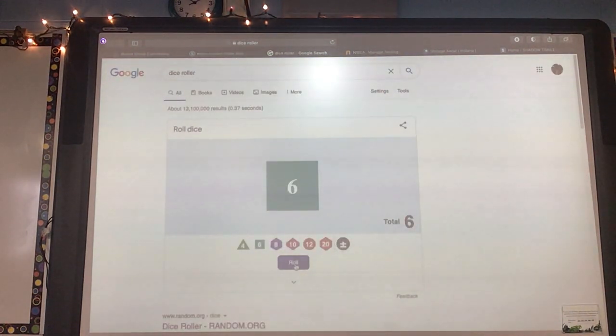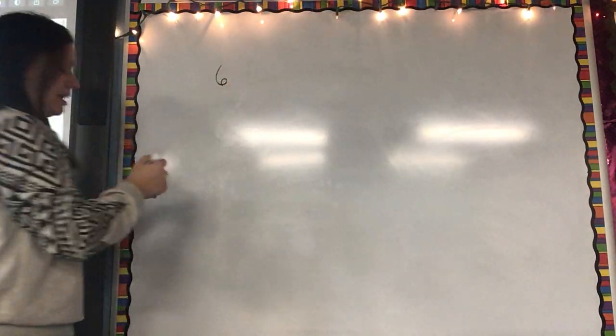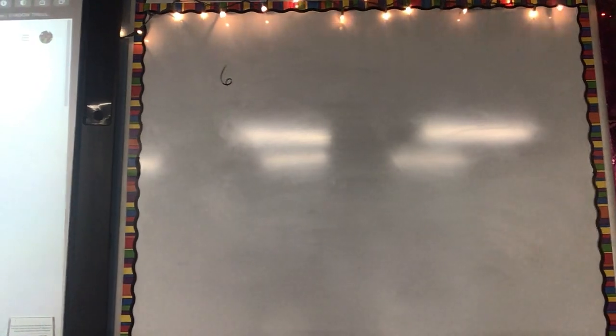Okay, here we go. Ready? Roll. I got a 6. So at the top of your paper, or you can use your math notebook, don't use your boxes yet because we have to put them in order. Let's just write the numbers that we get. We got a 6. Let's roll again.